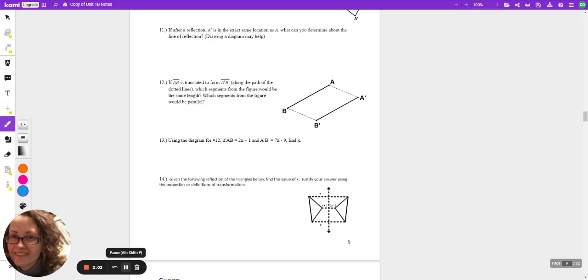So my point B here is going to move the same distance to get to B prime as A is going to move to get to A prime.